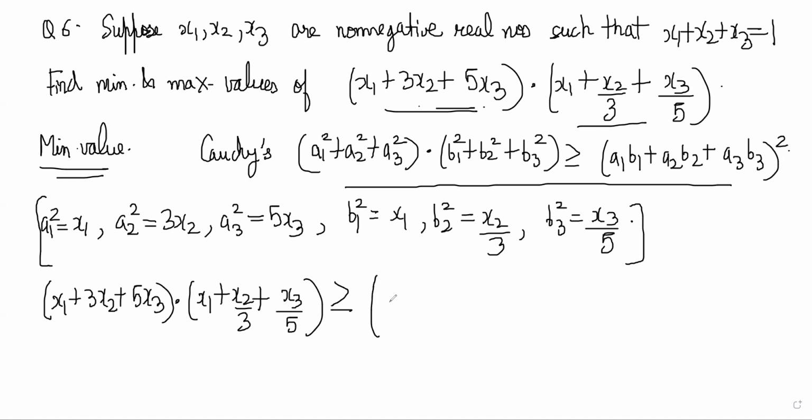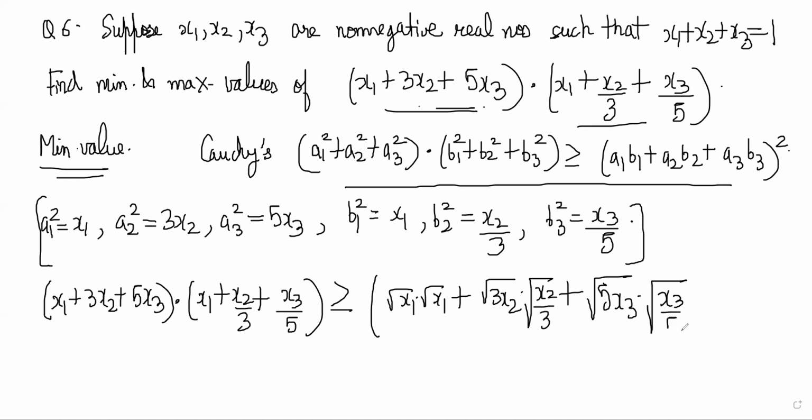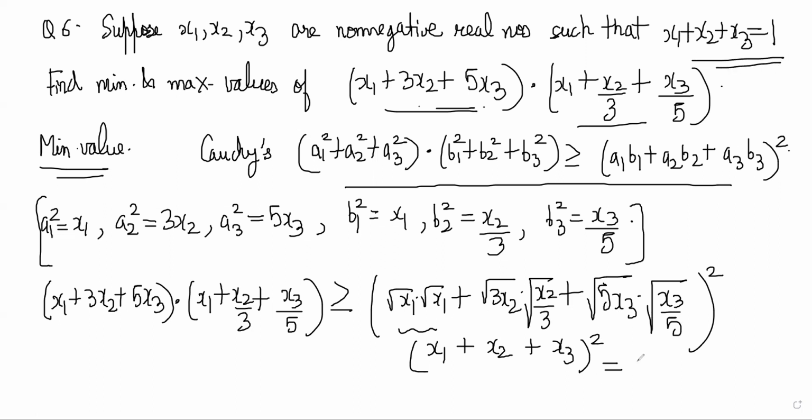So it should be greater than or equal to root of x1 into root of x1 plus root of 3x2 into root of x2 by 3 plus root of 5x3 into root of x3 by 5 whole square. And this actually simplifies nicely and becomes x1 plus x2 plus x3 whole square, which we know is 1, right? So we are getting that this quantity is greater than or equal to 1, right?